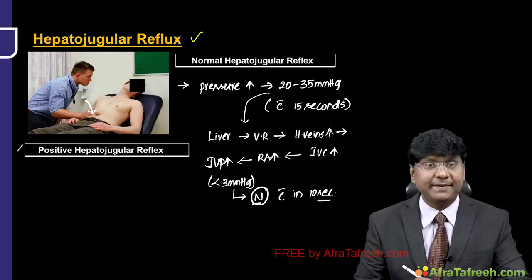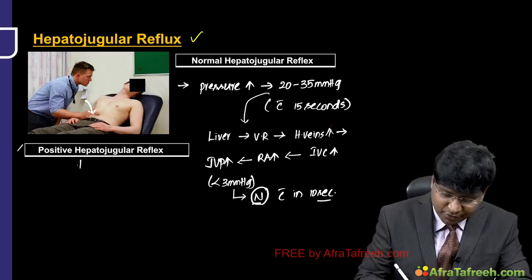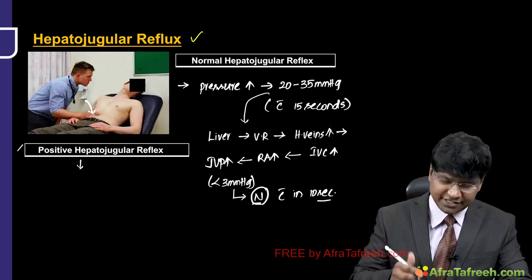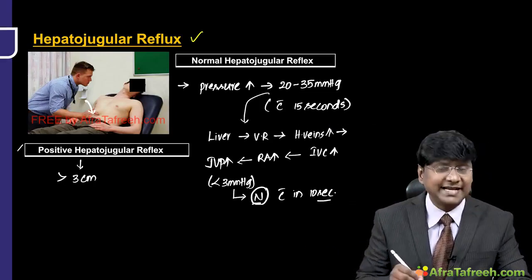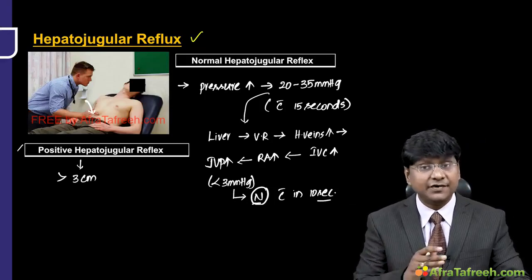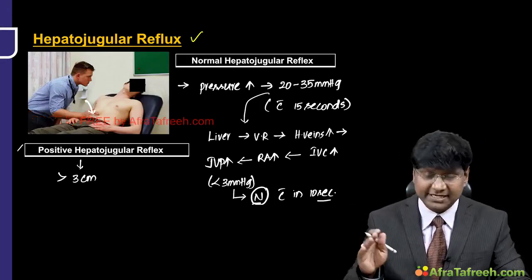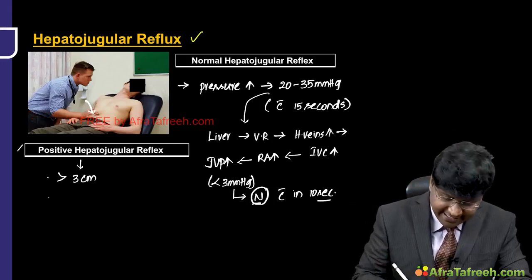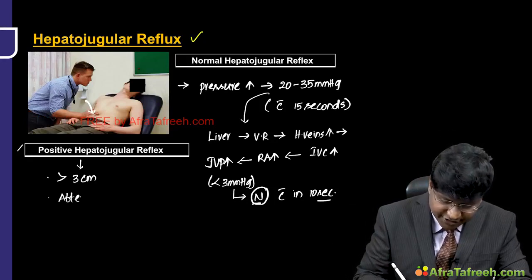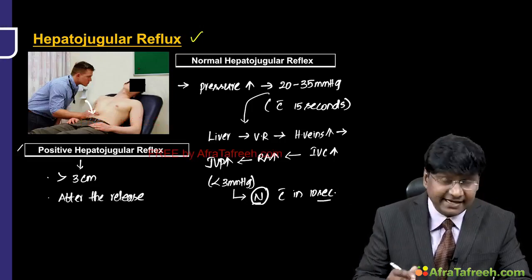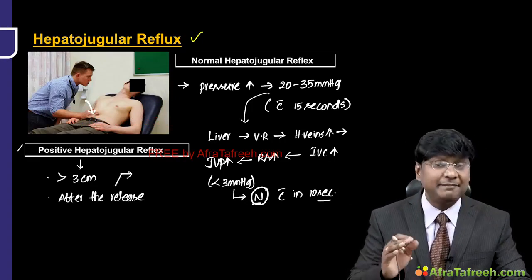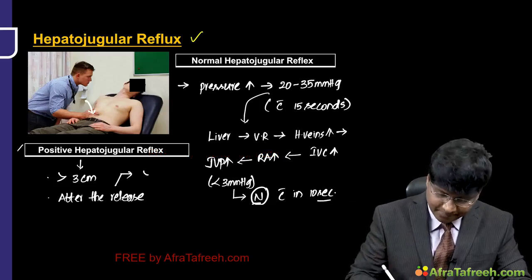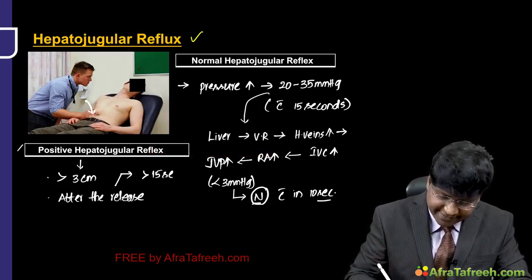Then what is positive hepatojugular reflex? Positive hepatojugular reflex is that the jugular venous pressure is elevated more than 3 centimeters of water for the entire duration of the compression, and even after the release of pressure from the right hypochondrium, the JVP is still elevated for more than 15 seconds.